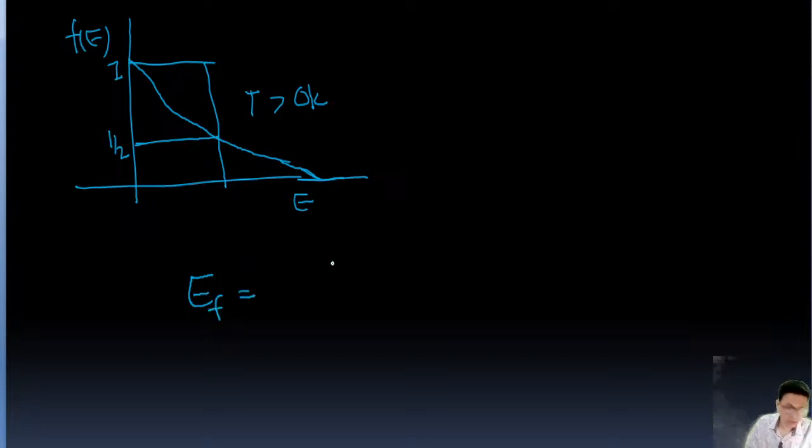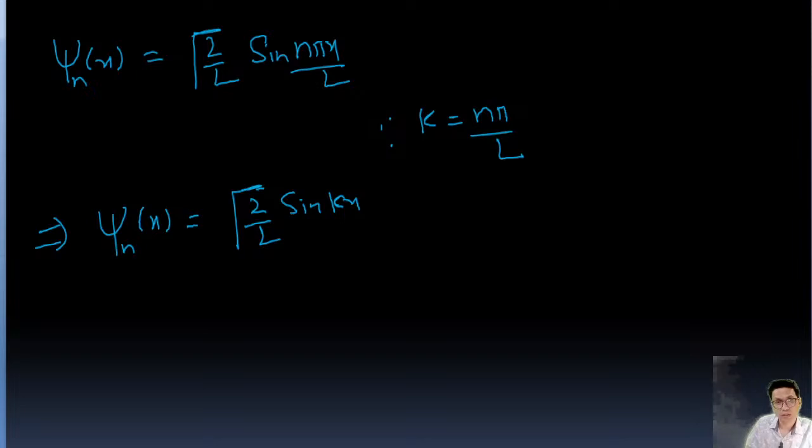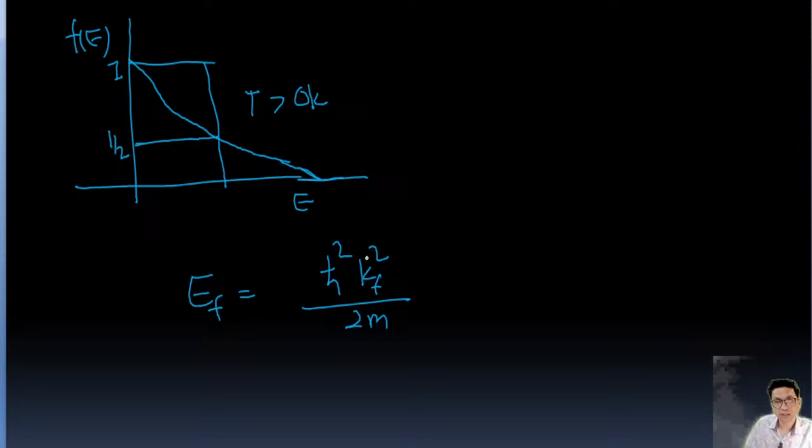EF is going to be h cut square kf square upon 2m. The energy we have found here is equal to h cut square k square upon 2m. Now at the Fermi energy level, h cut square kf square upon 2m.